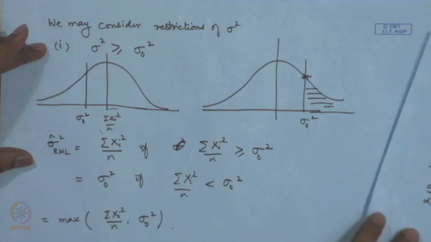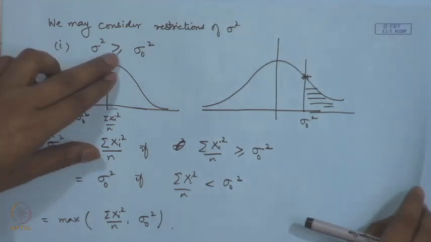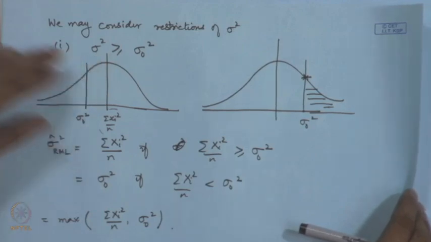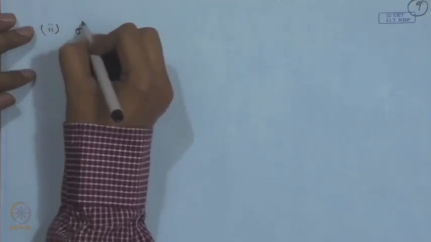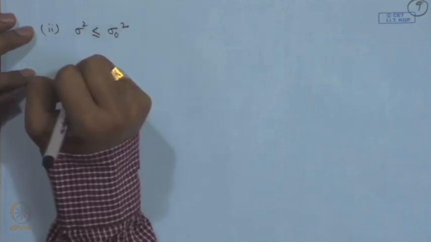In a similar way, one may consider the case of an upper bound on sigma square. Let me take sigma square less than or equal to sigma naught square.